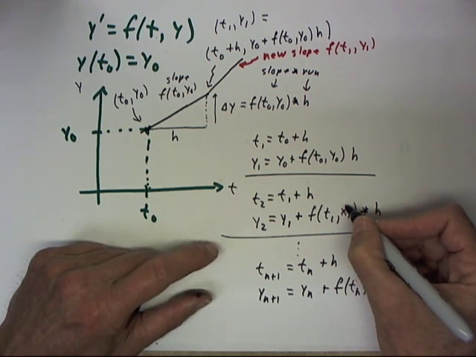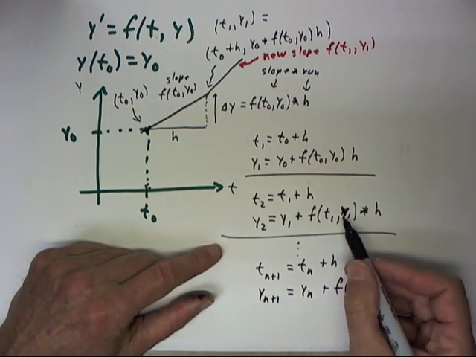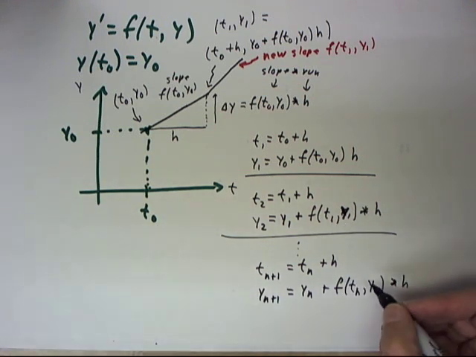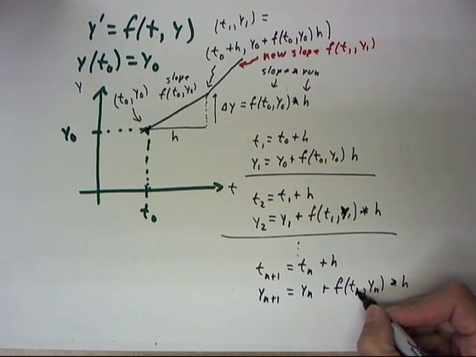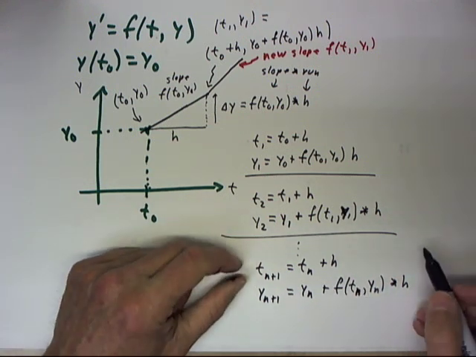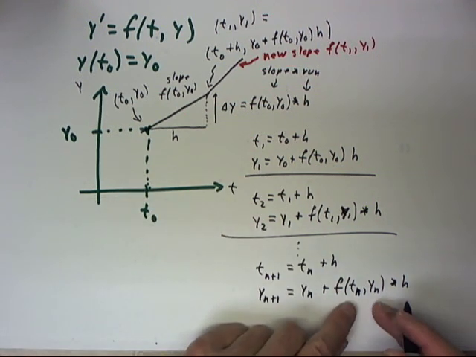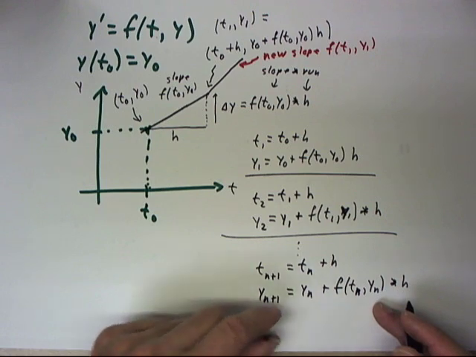I wrote this as x, and I have no idea why I did that, but let's make sure we understand that's a y. So this is f of t sub n, y sub n, where t sub n, y sub n is the last point that we got, and n is whatever number.